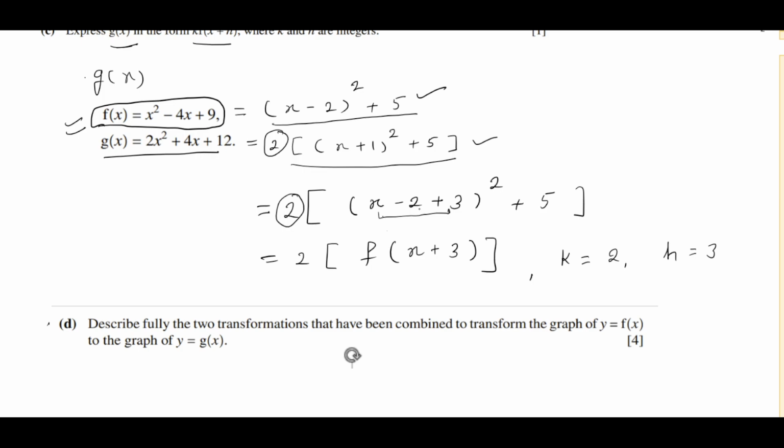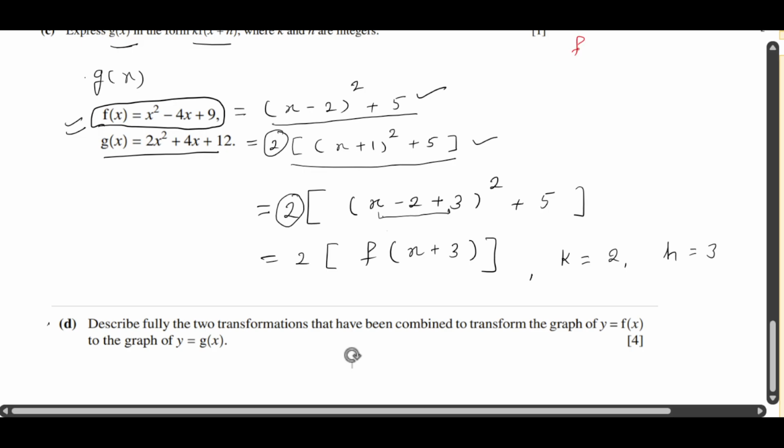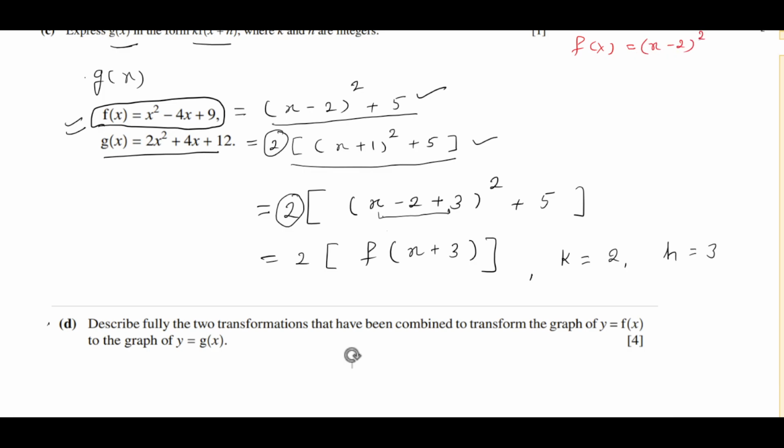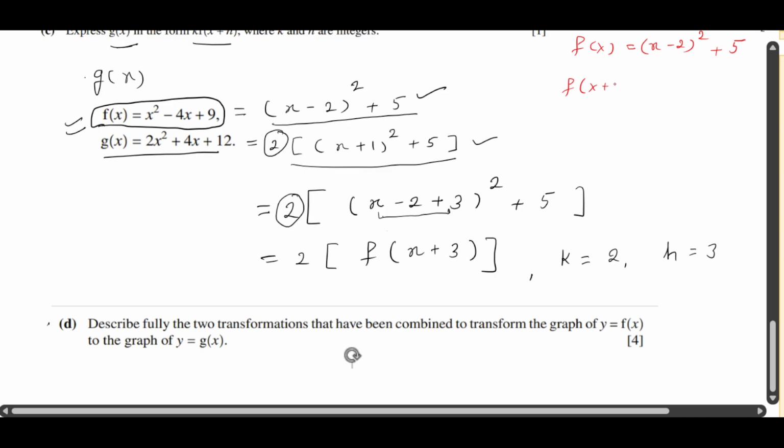So this x minus 2, okay. If you solve separately for your clear understanding, your f(x), see here, your f(x) is (x minus 2) the whole squared plus 5. This is your f(x). Now if you see f of x plus 3, if you do this, then what will happen?